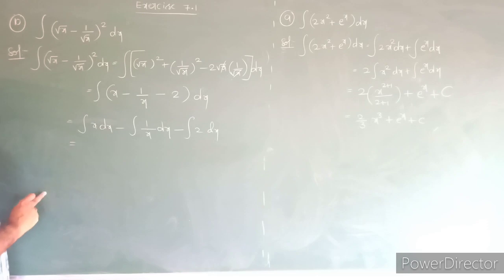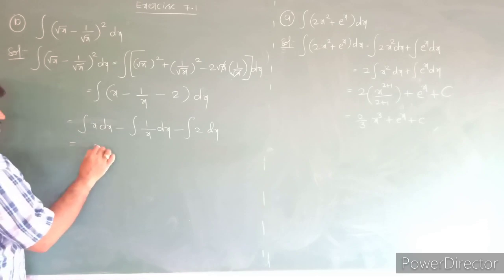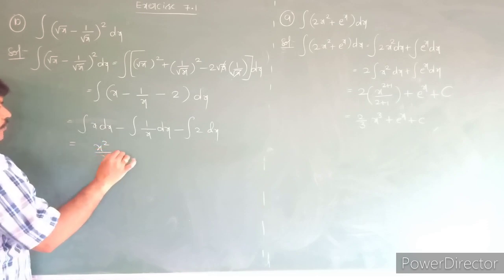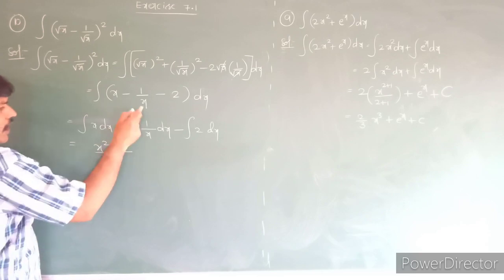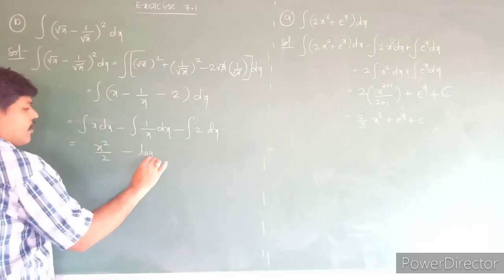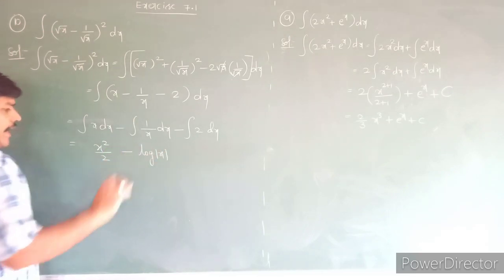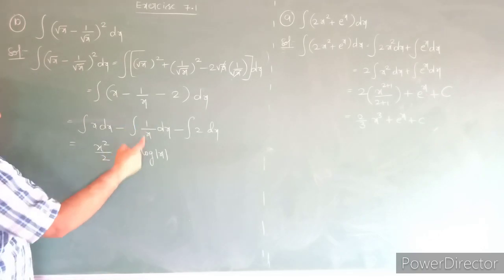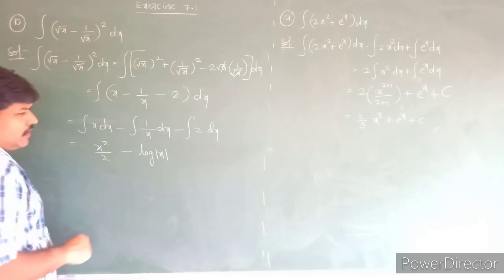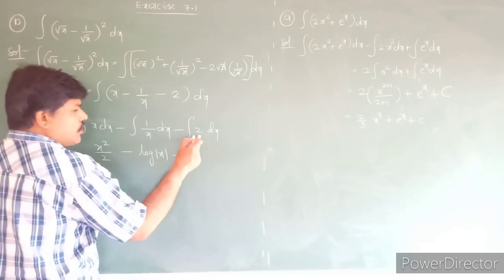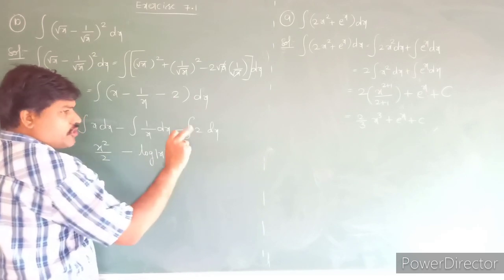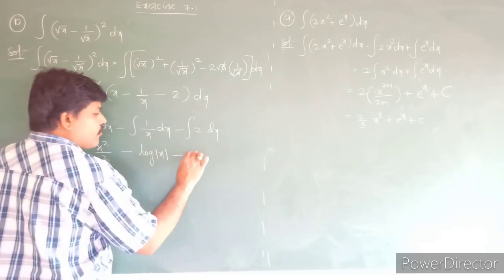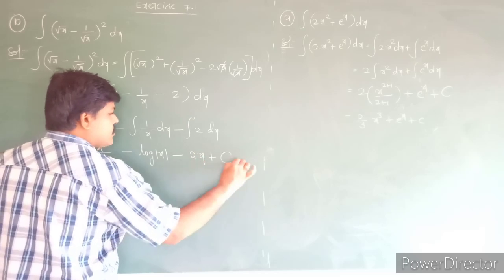So that implies integral of x is x square by 2, minus integral of 1 by x into dx, whose value is log of mod x, minus 2 is a constant. Integral of any constant will become x. So it will become 2x plus c.